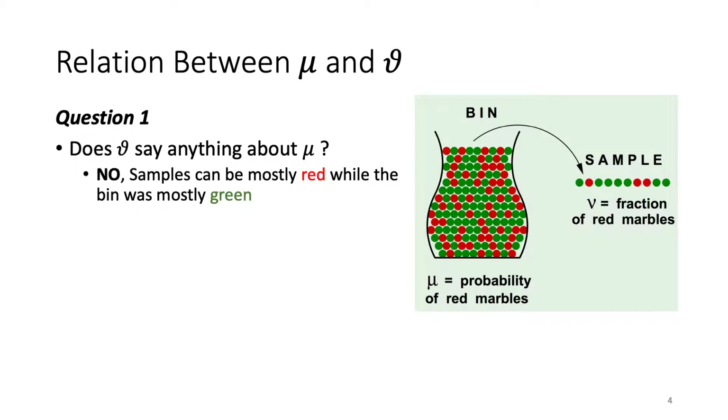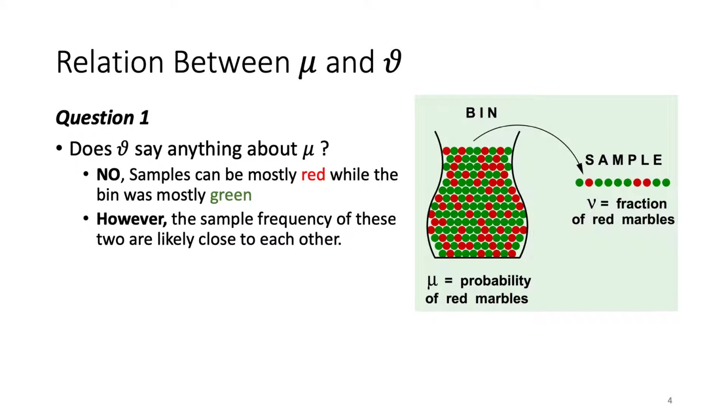So the answer was no, because the samples you take from the bin of marbles could be completely representative of another probability. Could be close, could be completely different. And we said that it's likely they're close to each other.